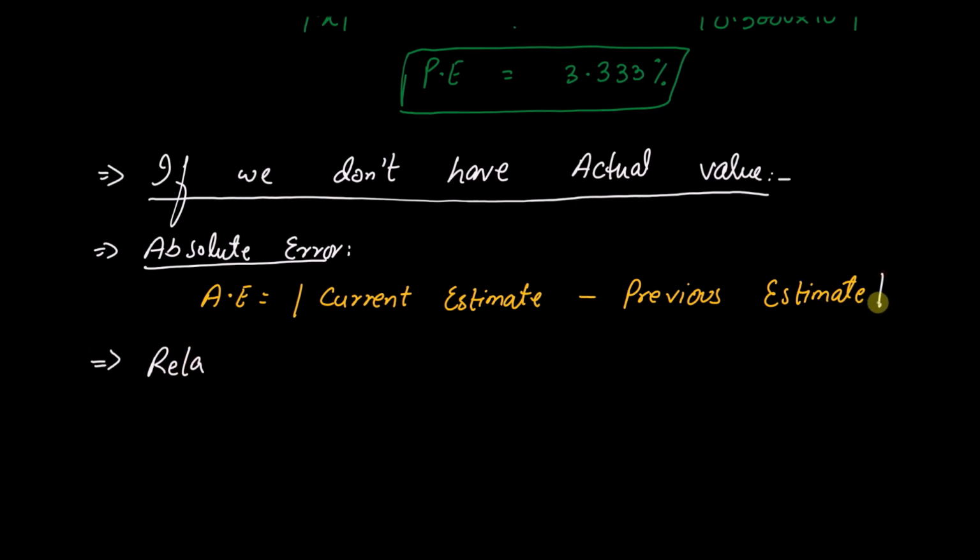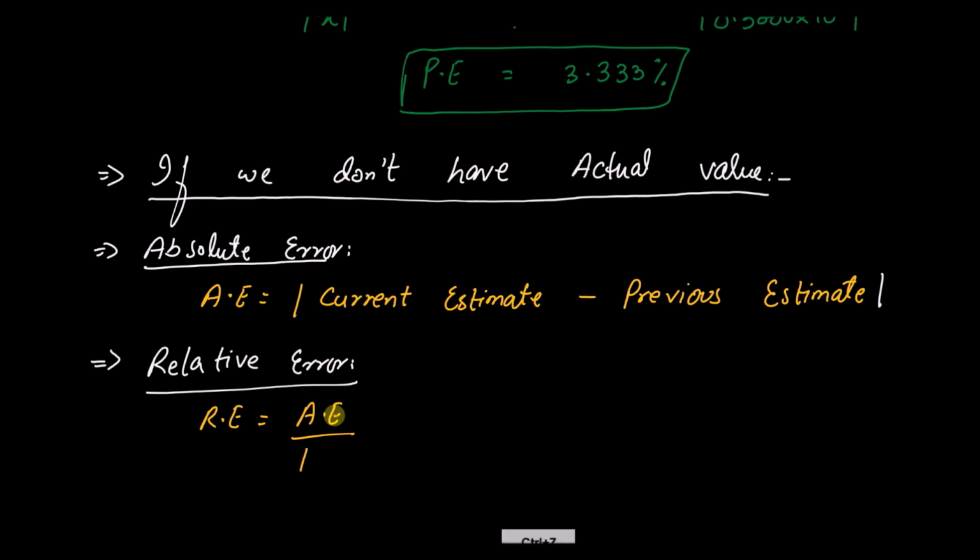In the case of a relative error, we have R.E. That is the absolute error divided by the mod of current estimate.